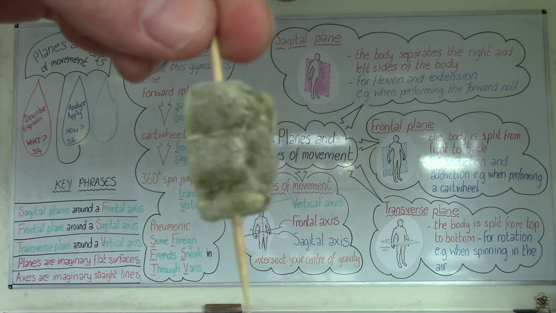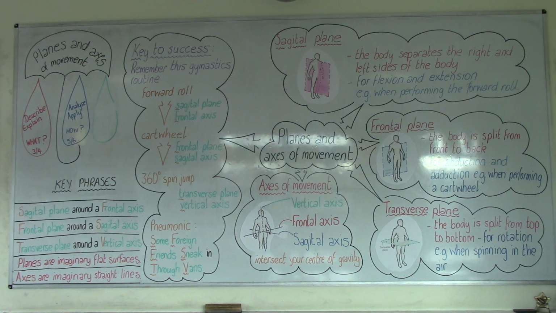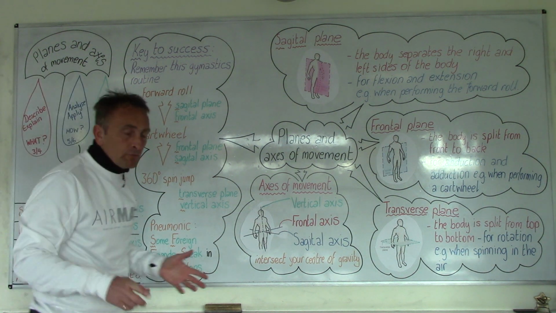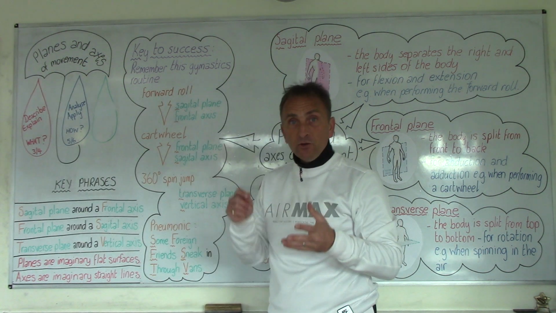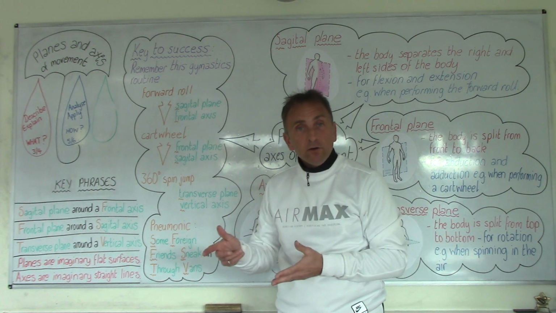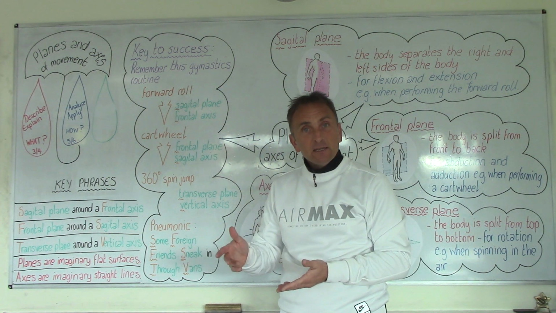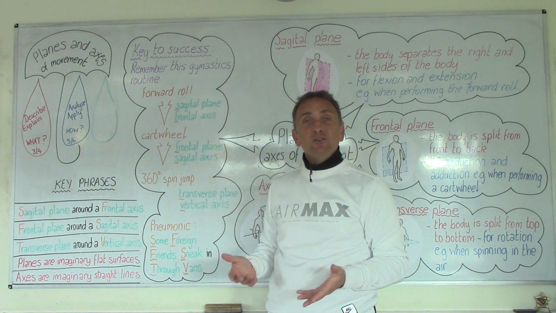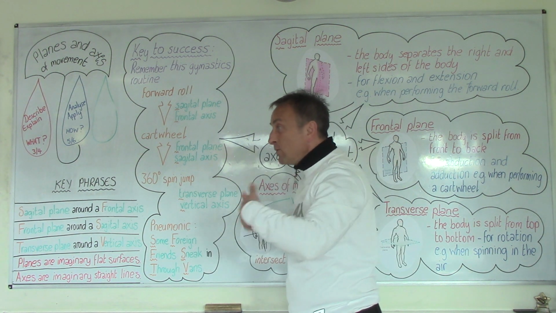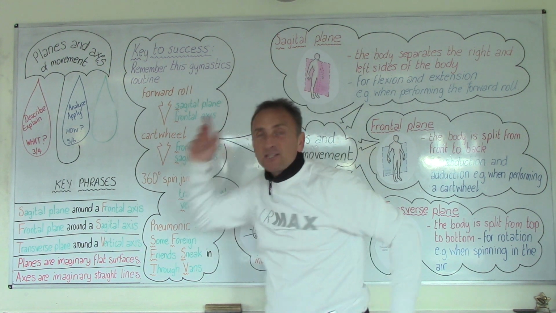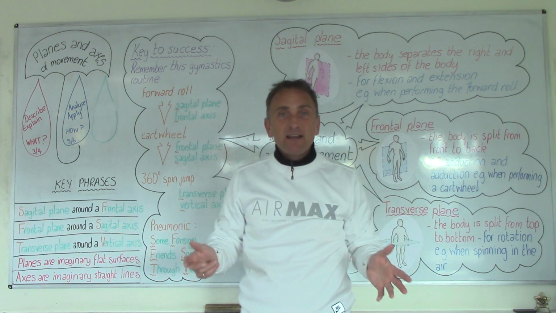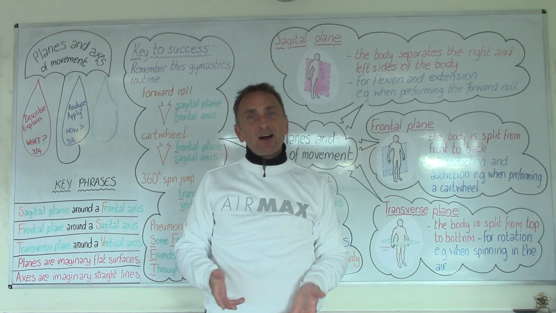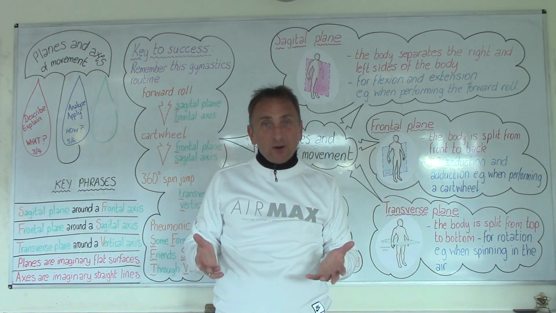But if you can simply remember that mnemonic along with our gymnastics routine, then we're made. So just to recap, the mnemonic: some foreign, friends sneak in through vans, and we put that alongside a forward roll into a cartwheel, into a 360-degree spin. You're absolutely laughing.